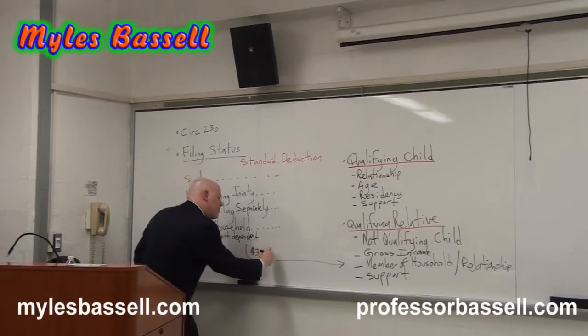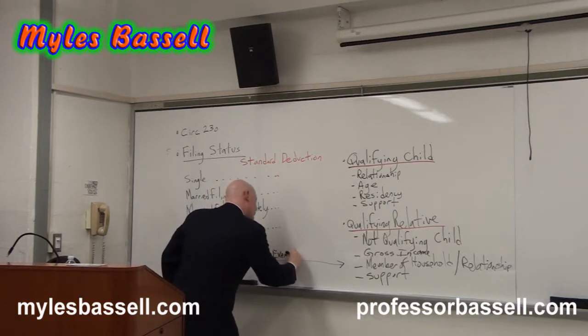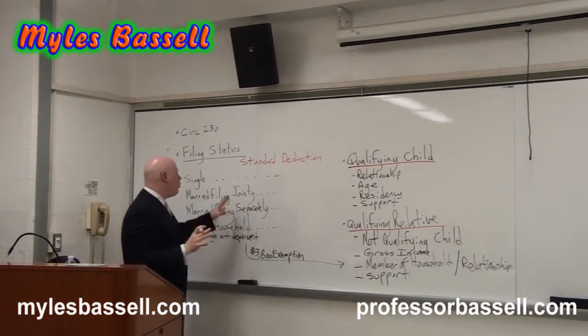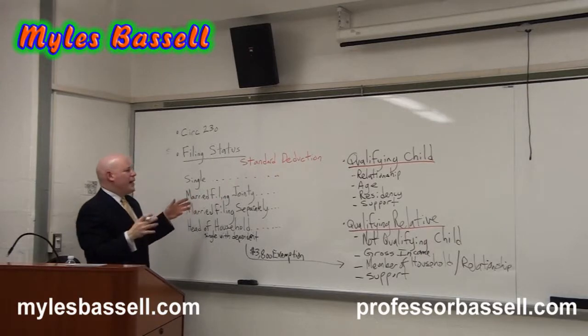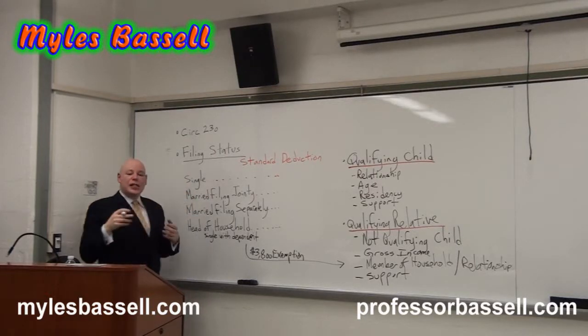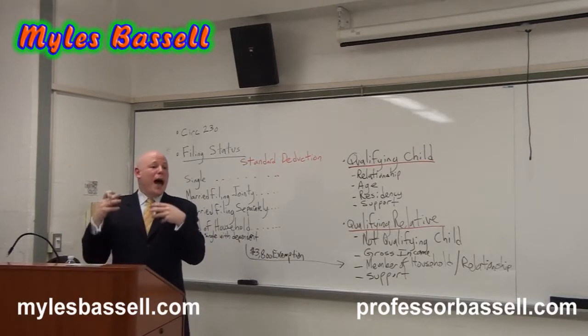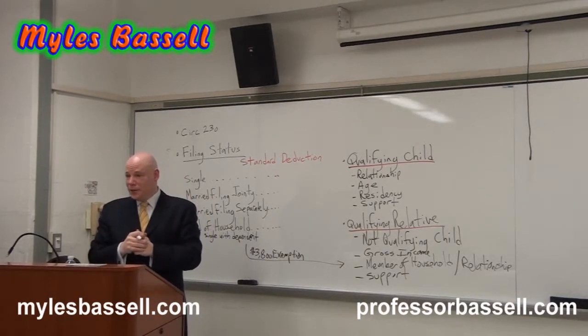I'm saying that's the amount of the exemption. So I want to help us kind of understand the implications on our level of taxable income. So you're going to see why the filing status is important to us in terms of how much tax we're going to have to pay.